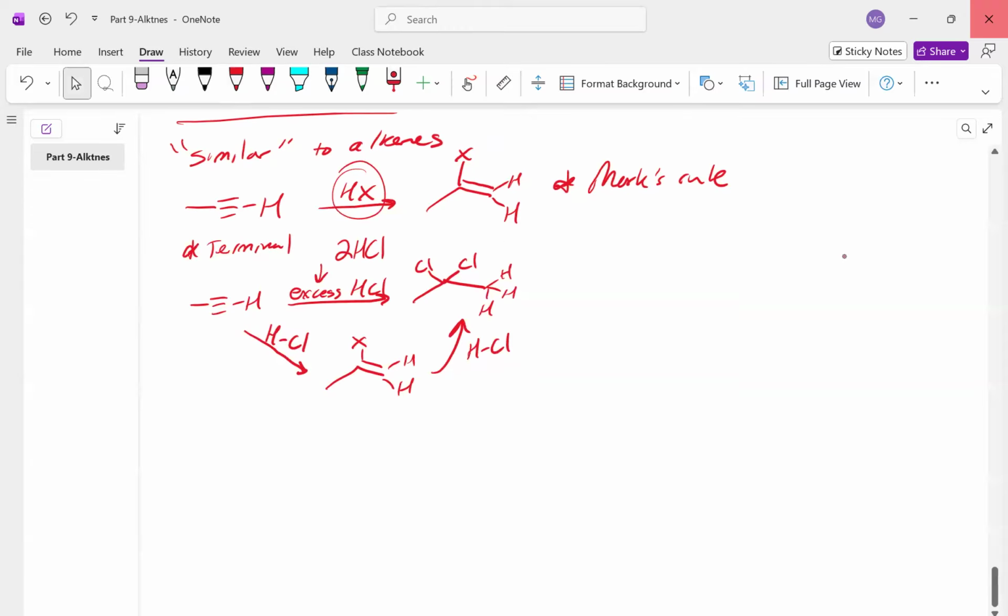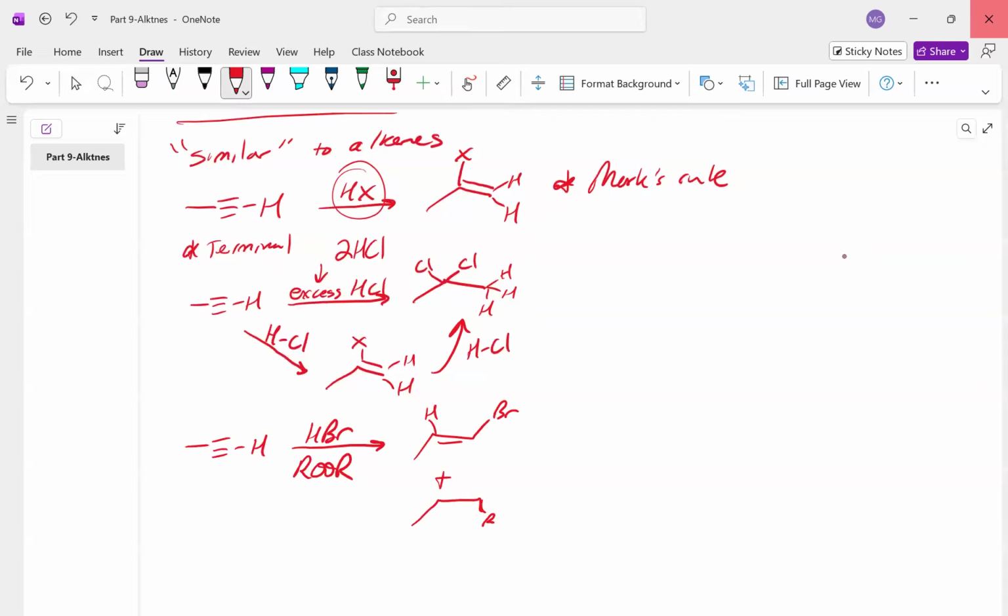Now, if there's a way to do a Markovnikov's addition, can we do an anti-Markovnikov's addition? We do the same thing as we did in the last unit. We use HX, but we add peroxides to turn it into a radical mechanism. And so now the halogen goes to the less substituted carbon, and we typically end up with a mixture of cis and trans.